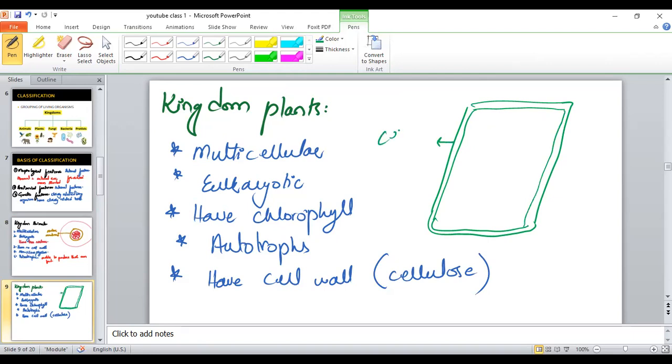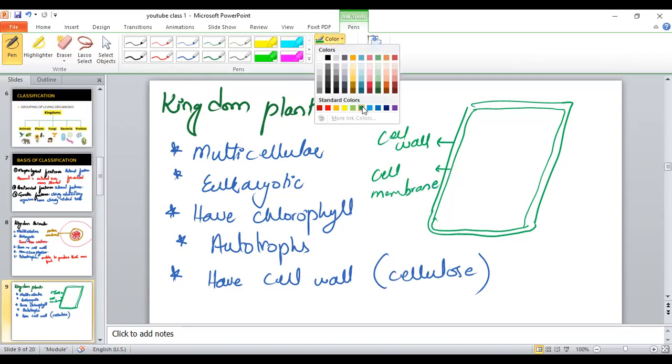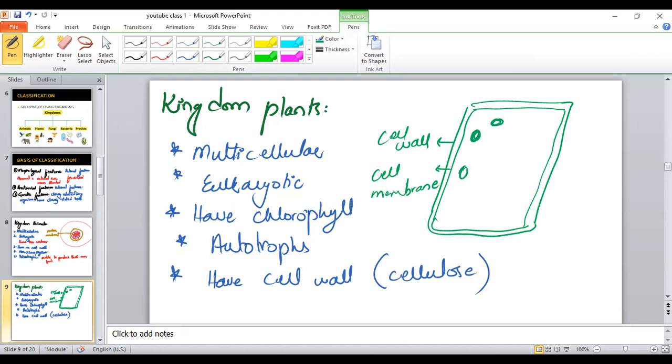This is the cell wall and the inner one is the cell membrane. Then they have chlorophyll, and chlorophyll is present in structures called chloroplasts.